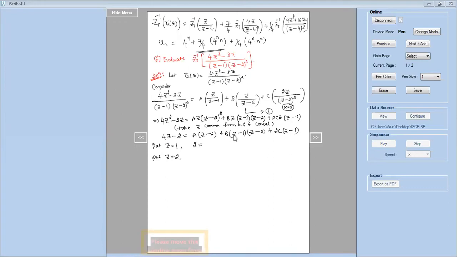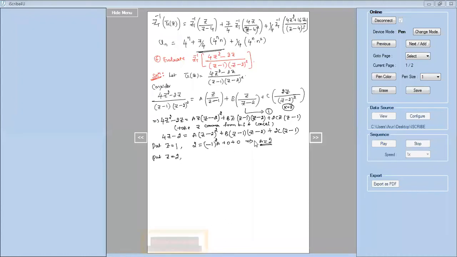See, if I put z = 1, B term 0, C term 0, I get only A. If I put 1 here, 1 − 2 is −1, so it is (−1)² into A, z − 2 whole square. So minus 1 whole square is plus 1. So A is 2. Correct.